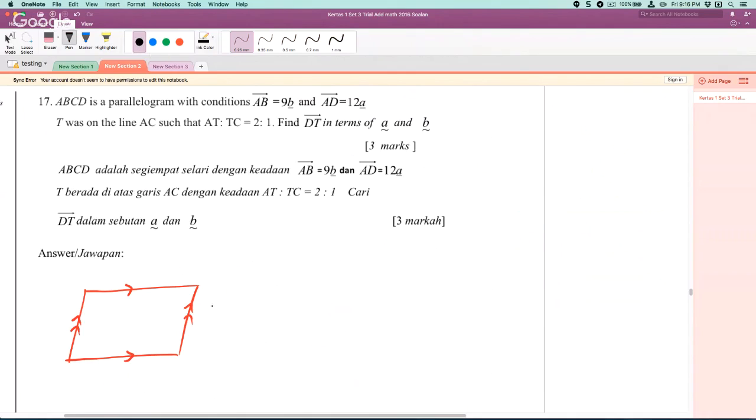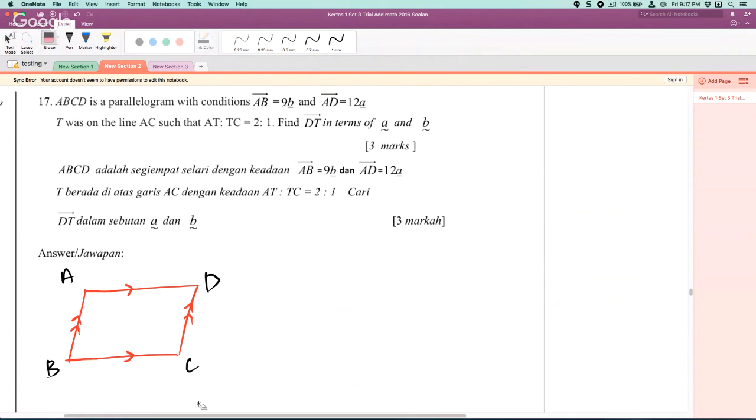A lot of students worry so much about how they write ABCD affecting the answer. You don't need to worry, you can simply write your ABCD, either clockwise or anti-clockwise. You can write like this, A, B, C, D, which is okay, or you write like this, A, B, C, D, which is correct as well.